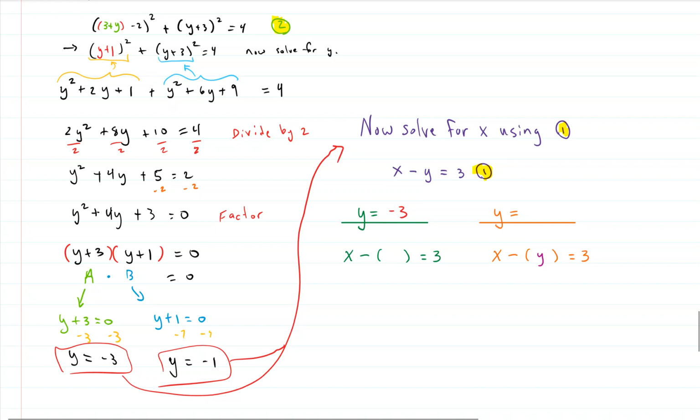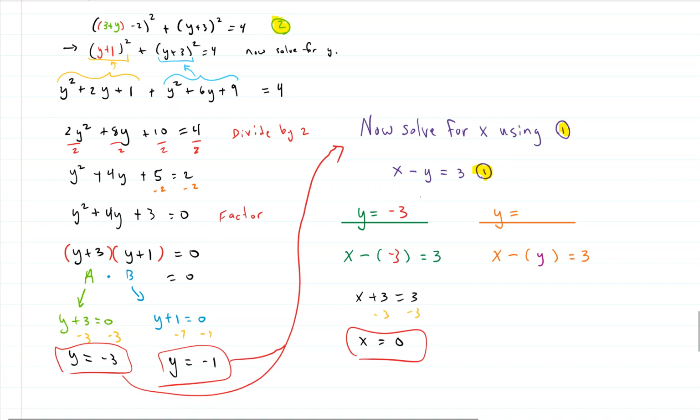So instead of having y here, we're going to put -3. And a negative and a negative make a positive. So we have x plus 3 equals 3. If we subtract 3 on both sides, what does that give us? x equals 0. All right. For y equals -3, we have x equals 0.